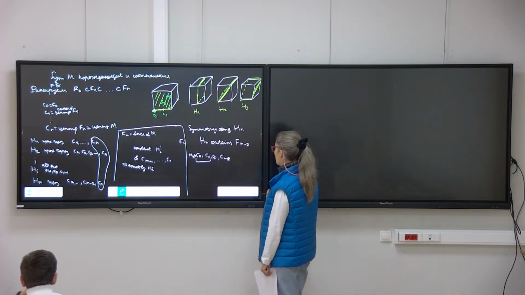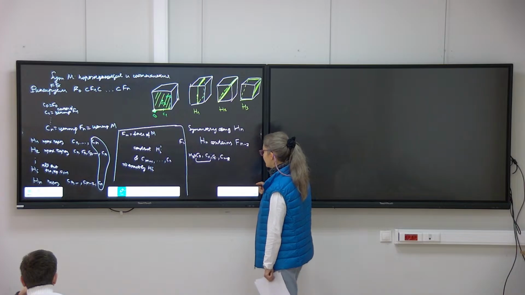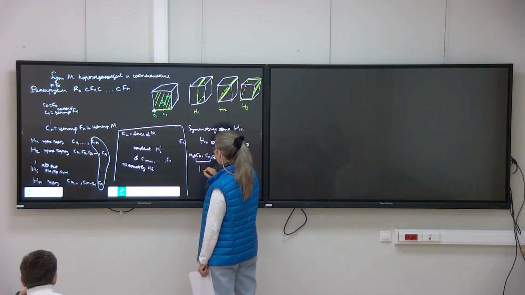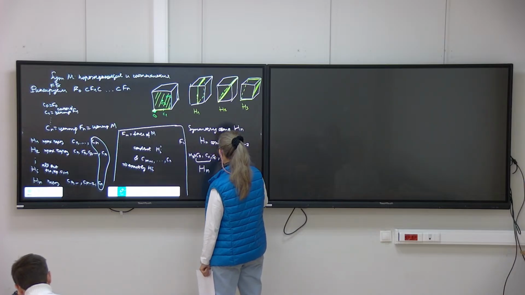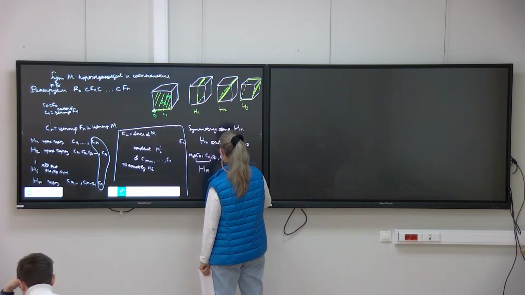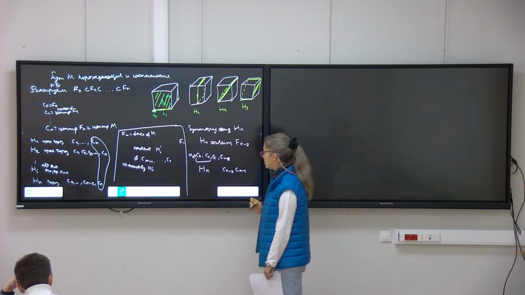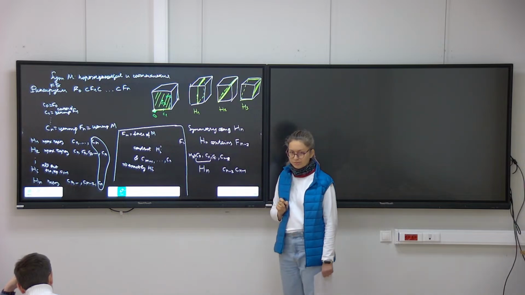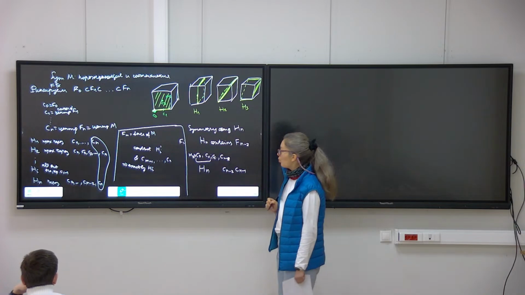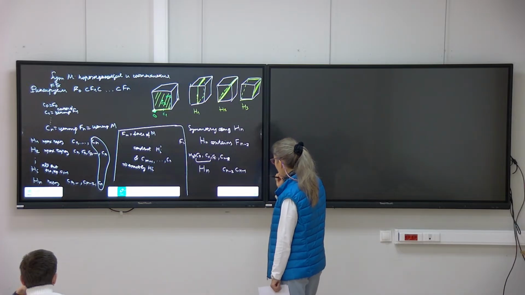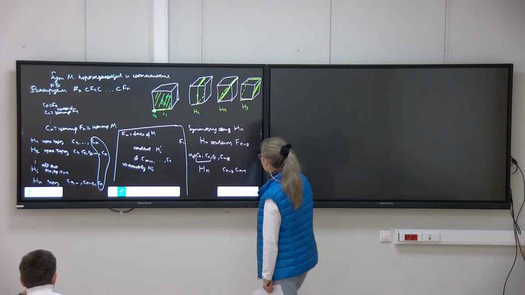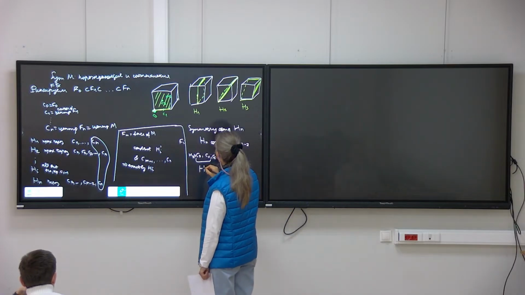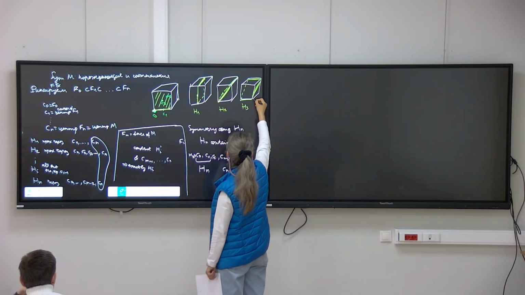And now, what else? I know that the hyperplane Hn and the segment C_{n-2}, C_{n-1} are orthogonal. Why?